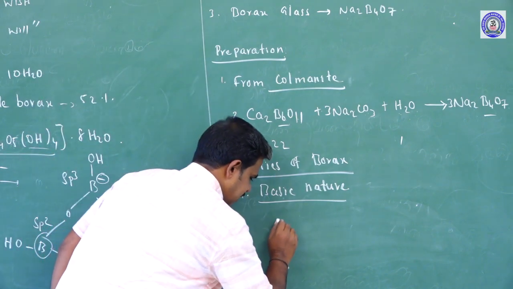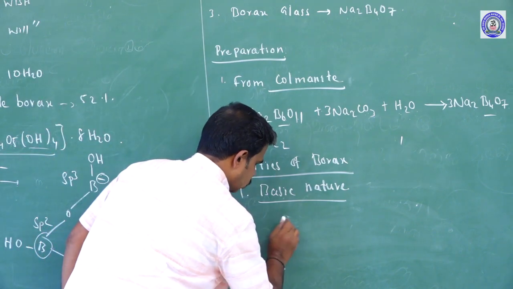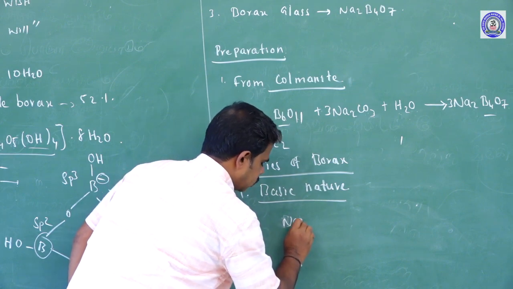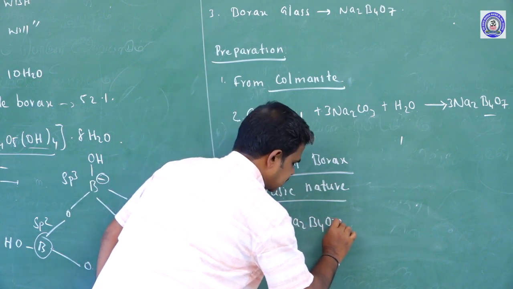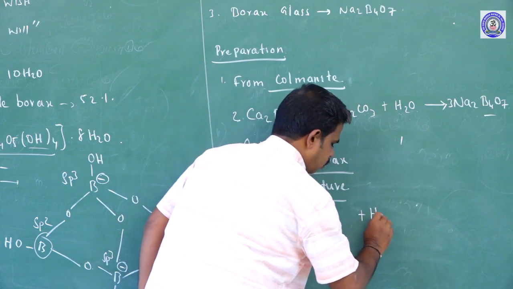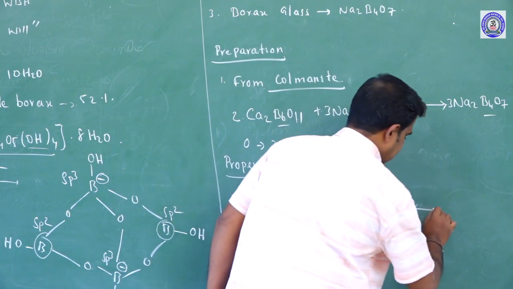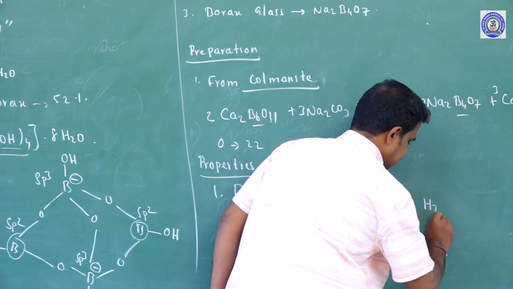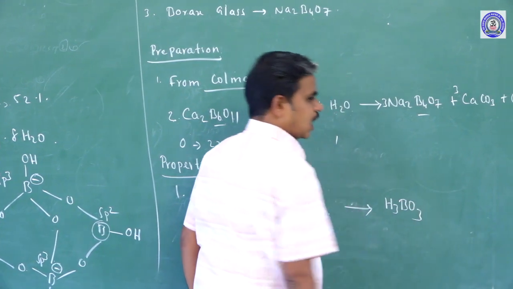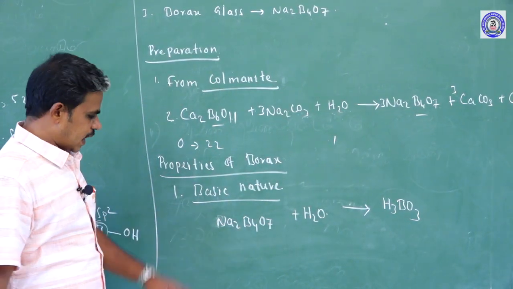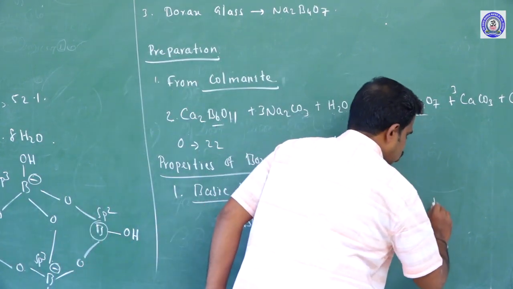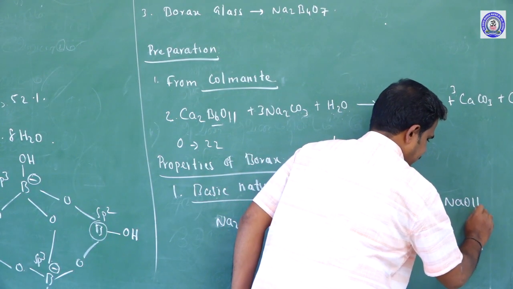We take borax, Na2B4O7, and it is boiled with water, and it produces H3BO3, which is boric acid, and sodium hydroxide.